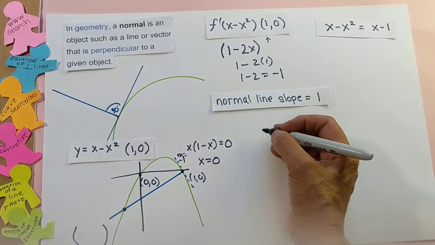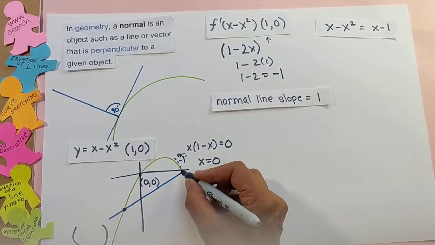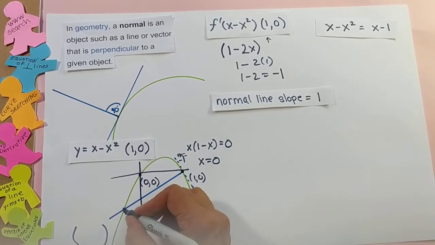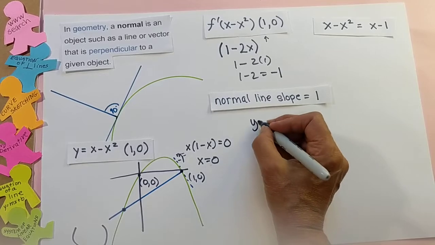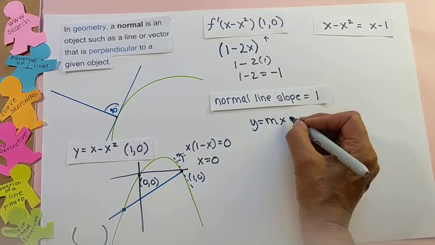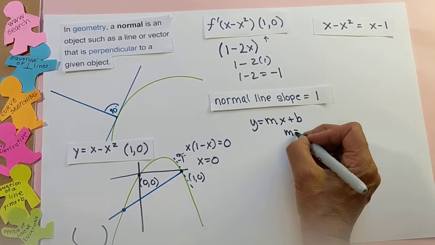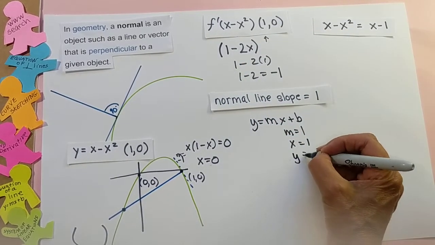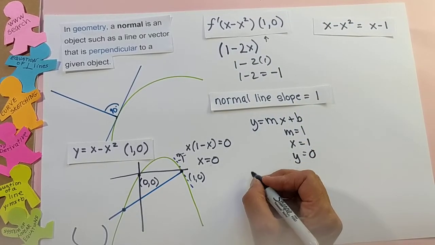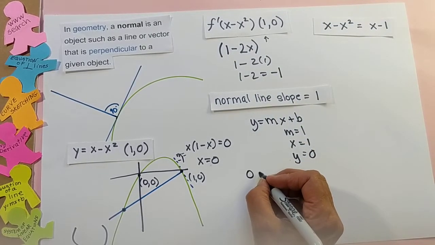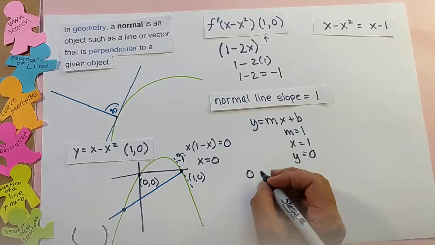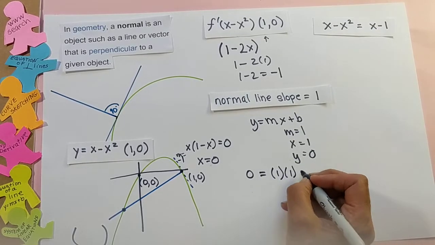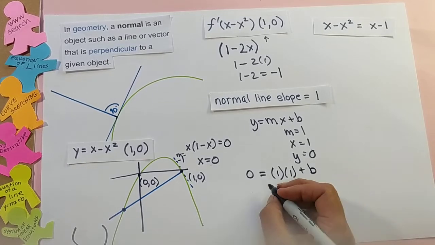Great. Next, I need to find the equation of this line. I know a lot about it already. I know one of the points on it, and I know what the slope is. So my equation of the line formula is going to work just fine here. m equals 1. I'm going to have x equals 1, y equals 0. I just need to solve for b.